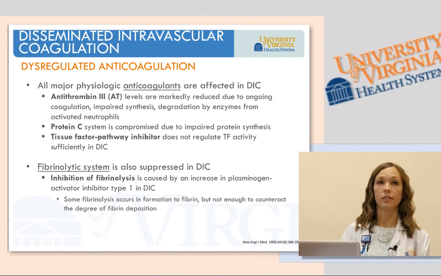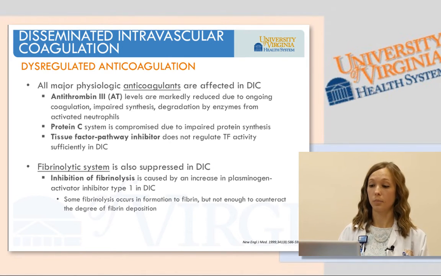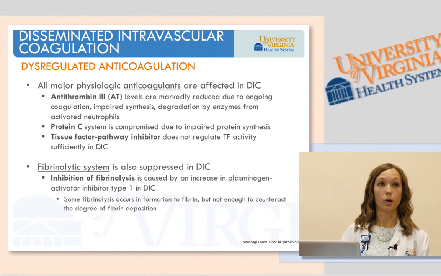Now, in addition to the initiation of coagulation that's going on in DIC, we also have dysregulated anticoagulation. So all of our major physiologic anticoagulants become affected in DIC. We have reduced levels of antithrombin III, and that's for a couple of reasons. We have impaired synthesis of proteins, we have ongoing coagulation that antithrombin is acting in, and it can also be degraded by enzymes that come from activated neutrophils.